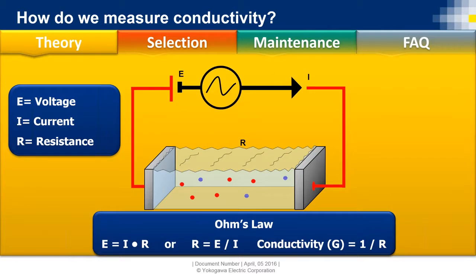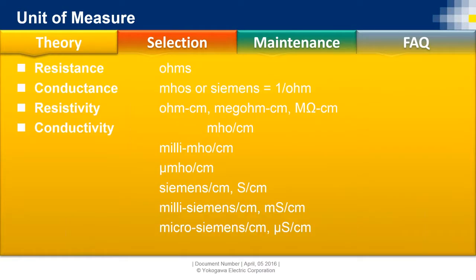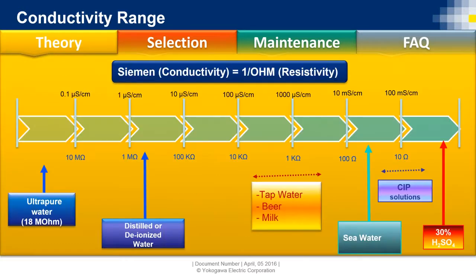That's why we can measure conductivity or resistivity in the same analyzer with the same sensor, because it's just a multiplication factor in the analyzer itself. And then, like David said, there are different units of measure. Most commonly, we have microsiemens, millisiemens, and Siemens, and for resistivity we'll use ohms and megohms.